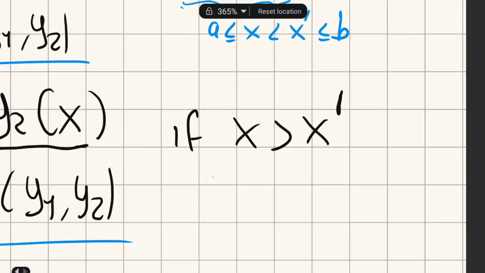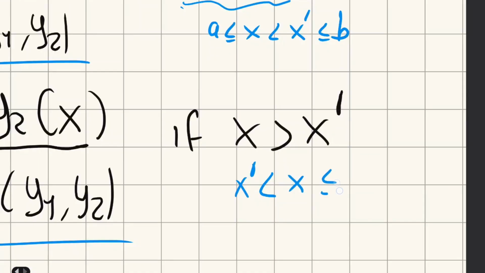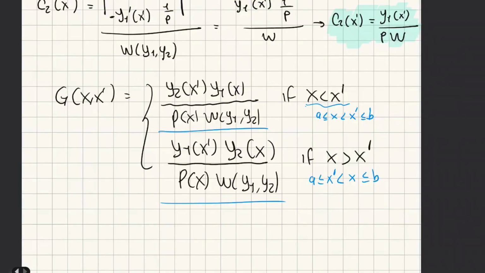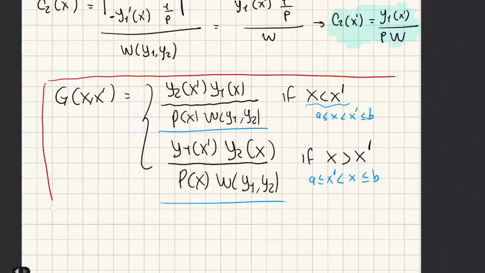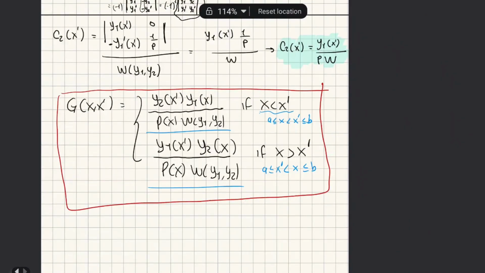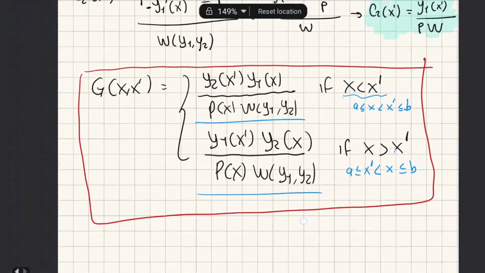And the second is for x, which is greater than x prime, but less than or equal to b, and x prime is greater than or equal to a. Okay, perfect. So with this, we have shown what the Green function associated to the Sturm-Liouville problem is. It will be defined in this huge way.